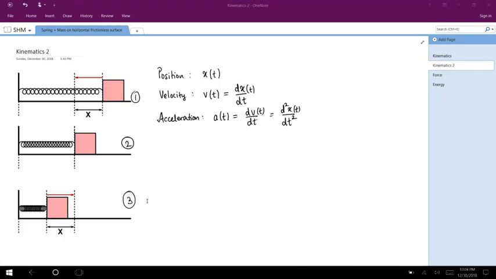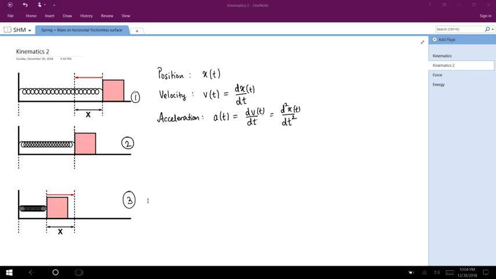So we have our kinematic variables: position, x as a function of t; velocity, v as a function of t, which is the time derivative of position; and acceleration, a as a function of t, which is the single time derivative of velocity and the double time derivative of position.